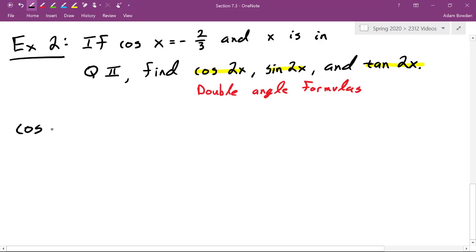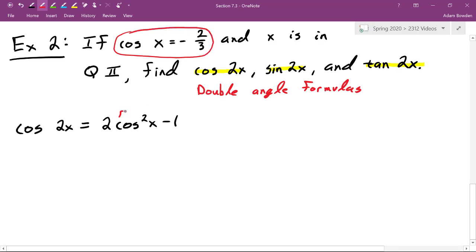Starting with our formula for cosine 2x, we had three varieties for it. I'm going to use 2 cosine squared x minus 1, of the 3 different versions for the double angle for cosine. The reason why I'm choosing this one is because I know the value of the cosine x. I can actually plug that in for cosine. So this would be the same as 2 times negative 2/3 squared minus 1.